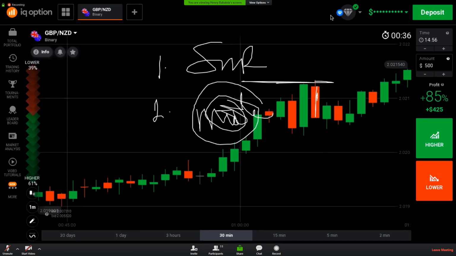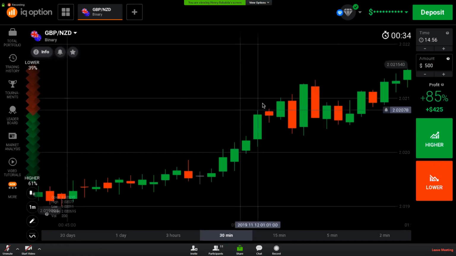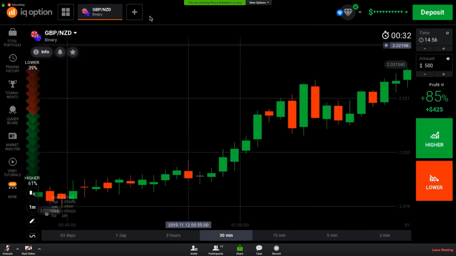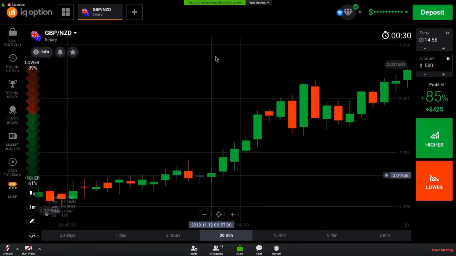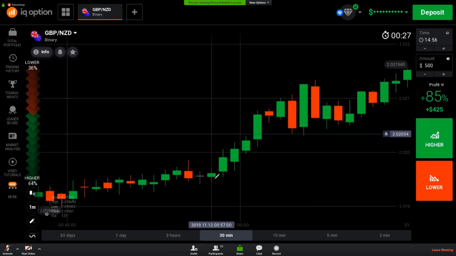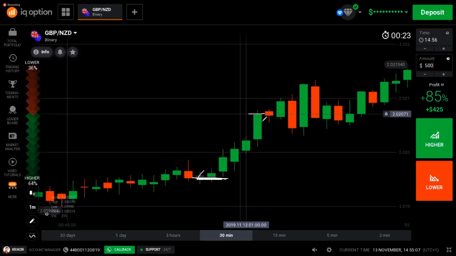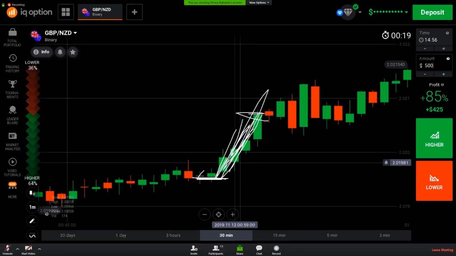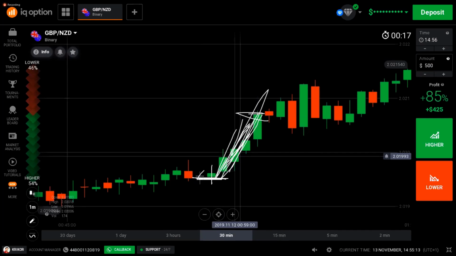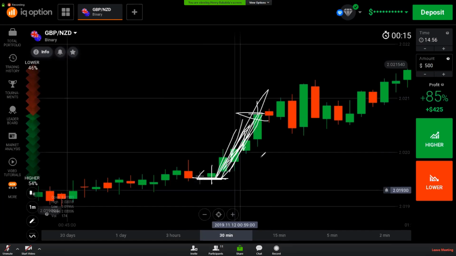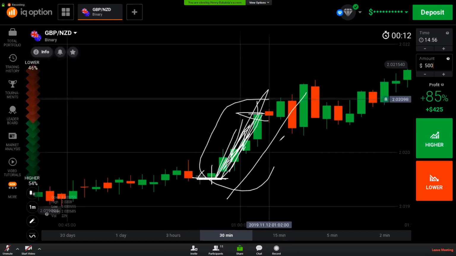So what is the difference between a momentum trend and a normal trend? What I mean by a momentum trend is this type of trend. When you see a candle like this, from here to here, there is no seller in between. This is a momentum trend. But if you see buyer, seller, and you are seeing it's an uptrend, it is a normal trend.